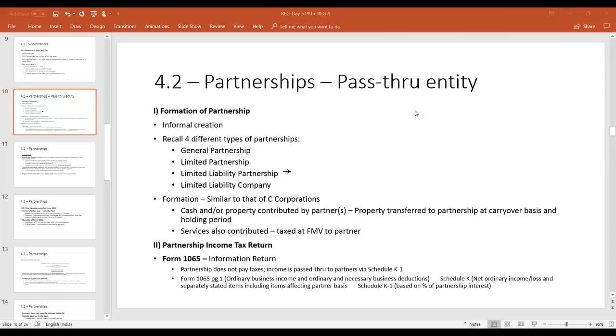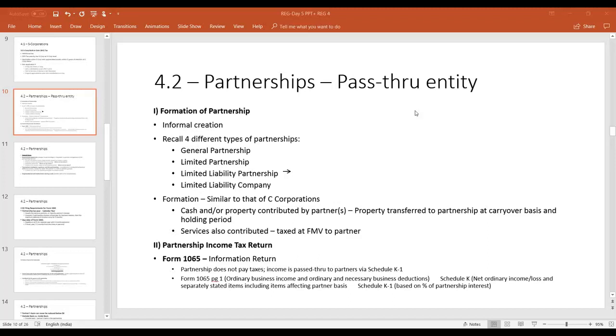A partner can also join a partnership by contributing services, and services contributed in return for partnership interest are generally taxed at the fair market value to the partner.